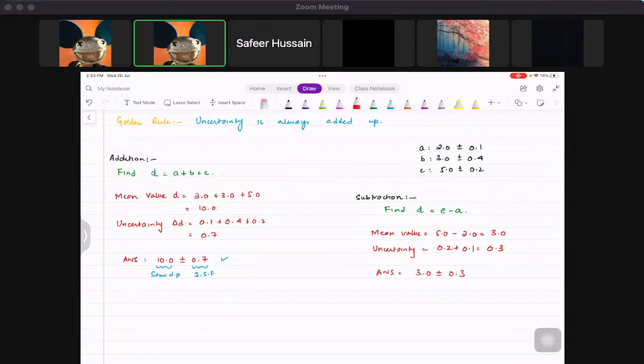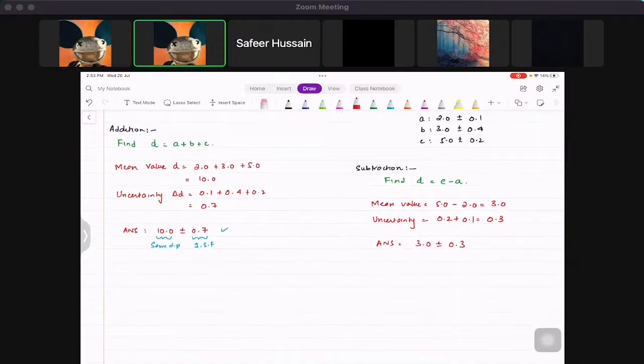Now, suppose they have now given you multiplication with constants. Now check this out.